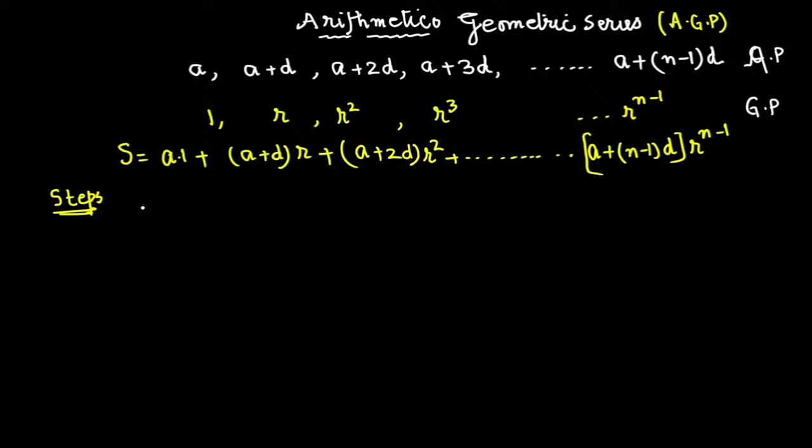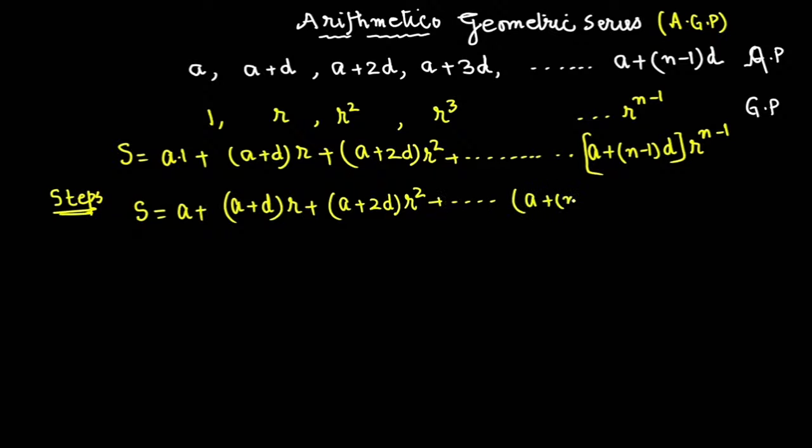Then first write S as it is: A plus (A plus D) into r, plus (A plus 2D) into r square, dotted, plus (A plus (n minus 1) D) r to the power n minus 1.